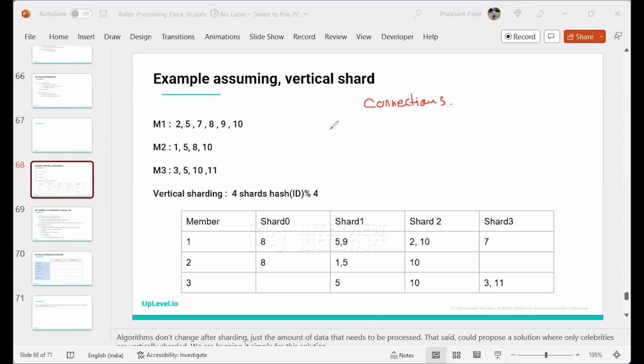But if somehow the interviewer wants you to discuss the schema part, then it would be something like, for users, you would have one table, and you would have one for connections. You would have some fields like ID, some other meta fields, maybe some other information about the users, maybe date of birth and all.